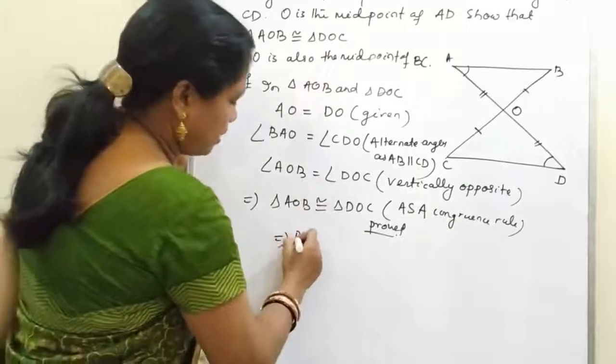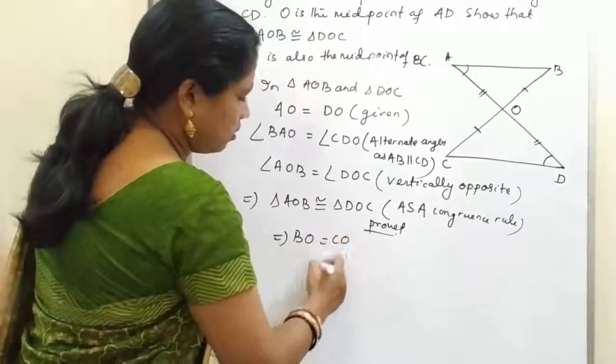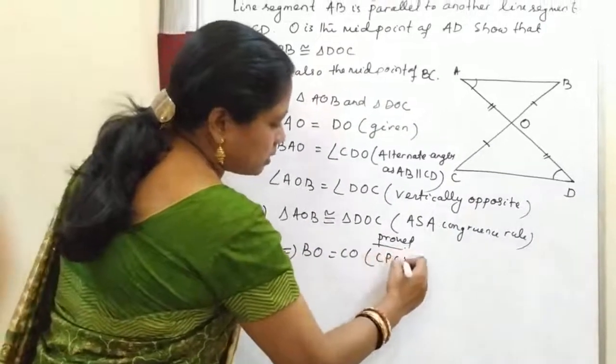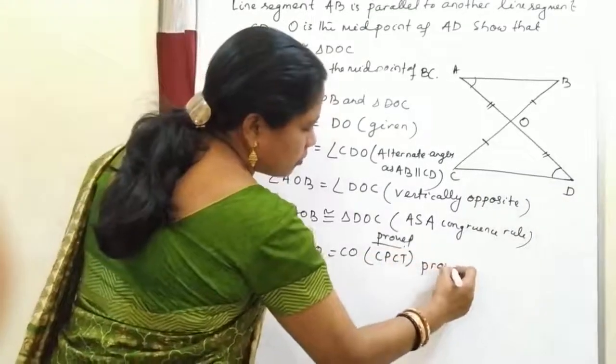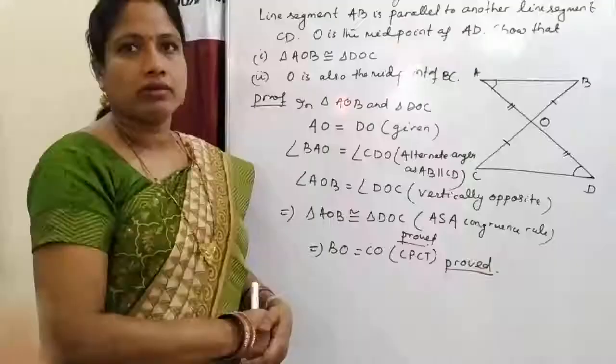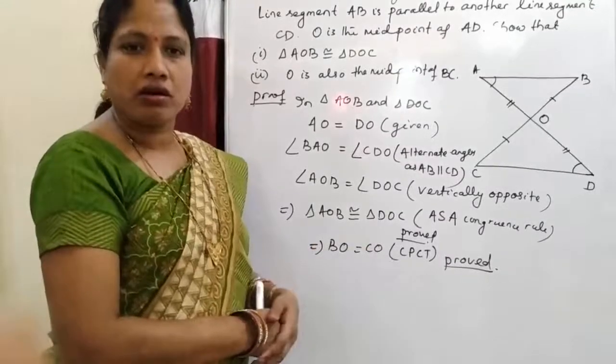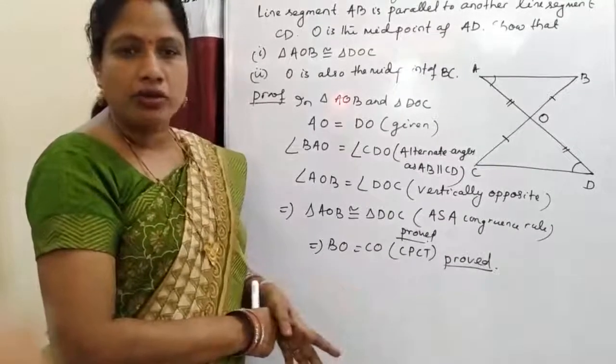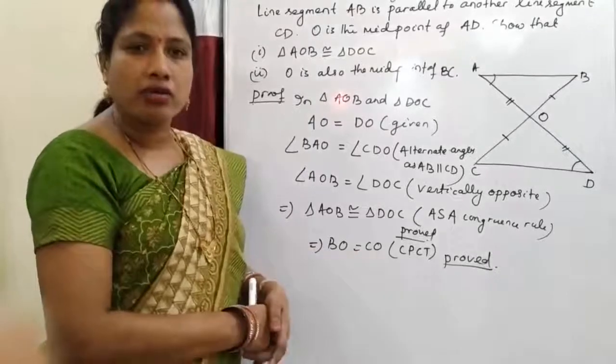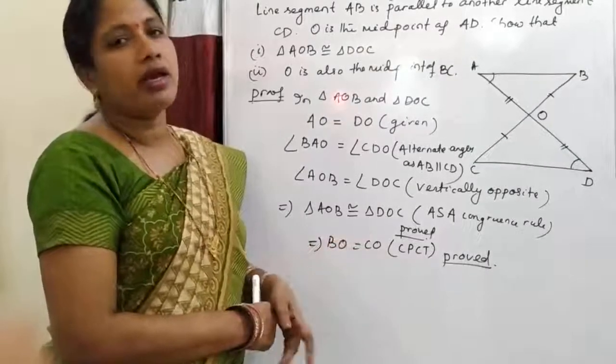So this implies BO is equal to CO by CPCT. So this is also proved. So you can solve more problems based on the SAS congruence rule, ASA congruence rule and AAS congruence rule.